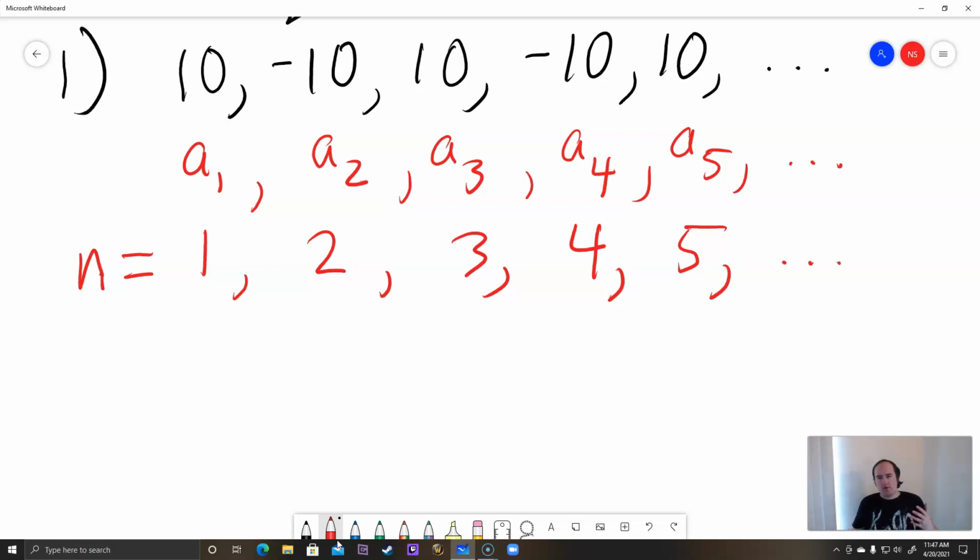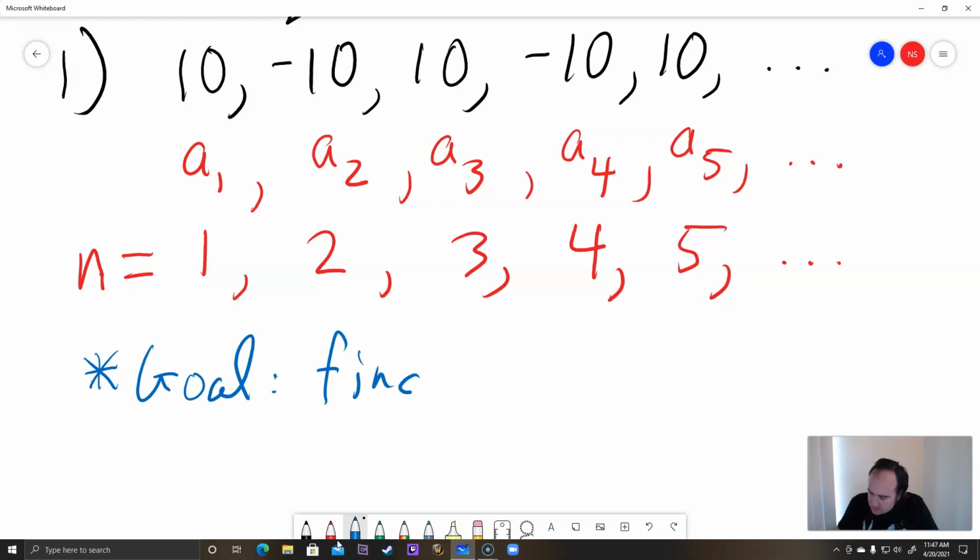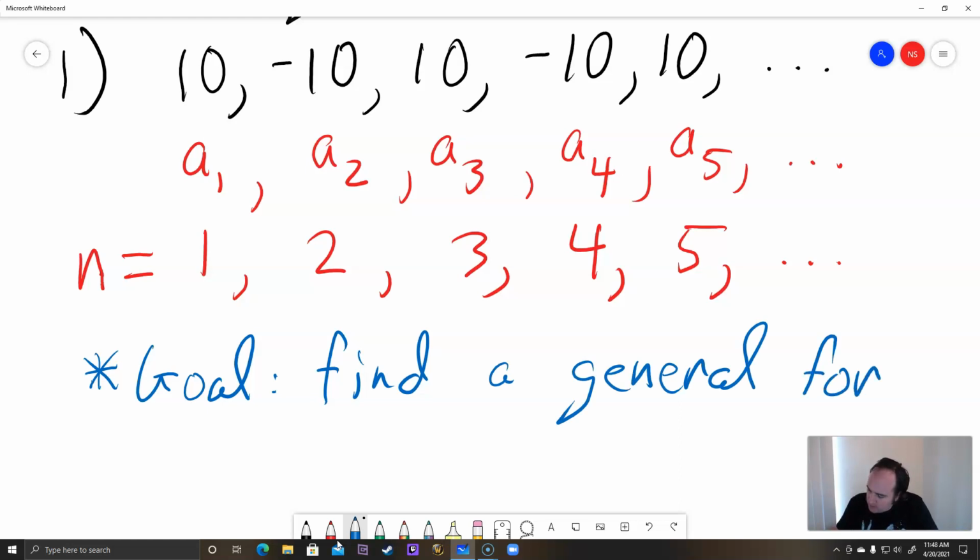Our goal is to find a general formula that represents this sequence. So we need to find a general formula A sub n.